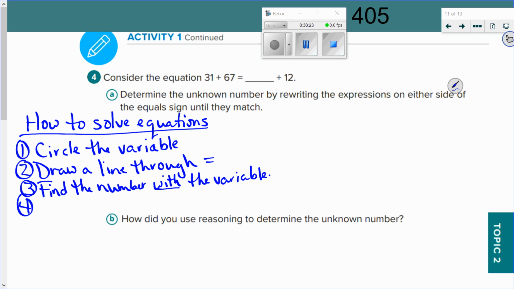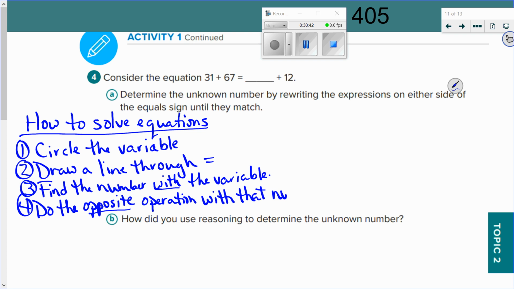Step 4: do the opposite operation with that number on both sides.